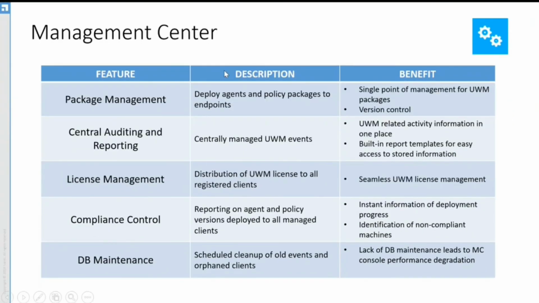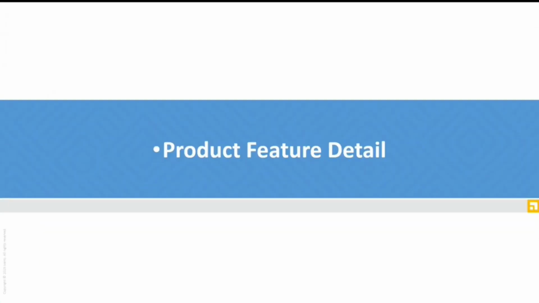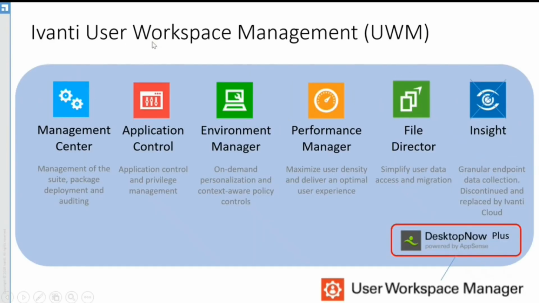Right. So if I go with the product features, since I told you that we have four components, if you do not understand anything, please stop me and do ask your questions. So the management center, let me go with the previous slide, it will be better for you to understand. The management center is basically how you control your machines.